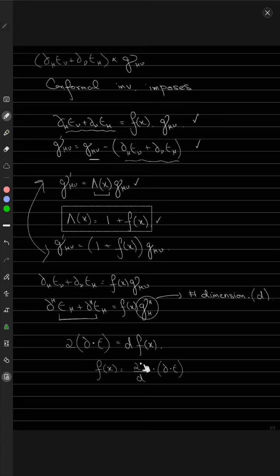Amazing, right? Now having f of x from here, I can finally write down this equation. Let's rewrite this as partial mu epsilon nu plus partial nu epsilon mu is equal to f of x, and this f of x is 2 over d partial dot epsilon times g mu nu.